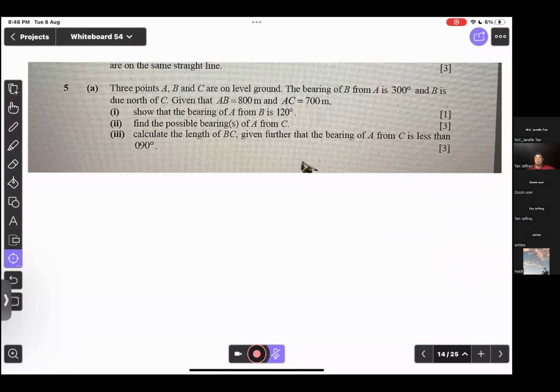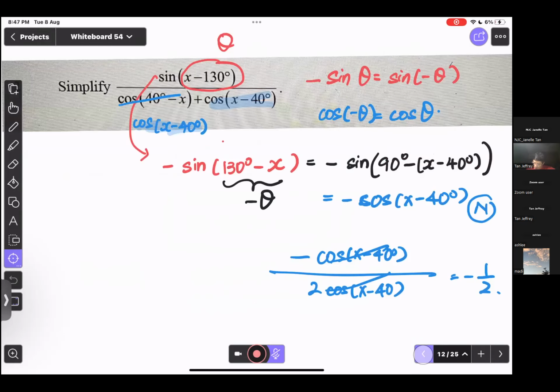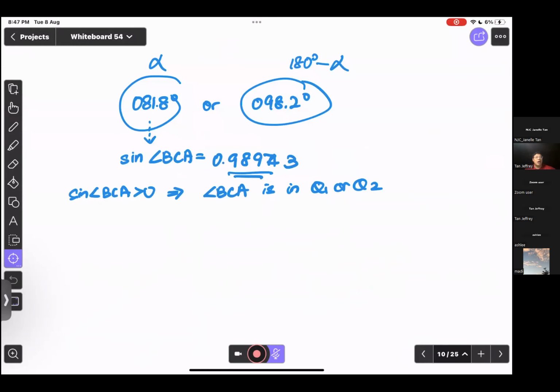Then I don't understand how you get the other one. Okay, it's because you use sine rule? The reason is, just now I happen to go through this question as well. Because sine can be acute or obtuse, that's why you can have two answers. So it can be alpha or 180 minus alpha. That's why you can have two answers.